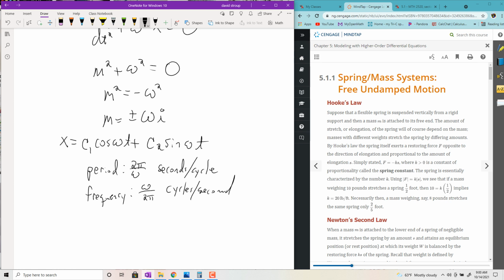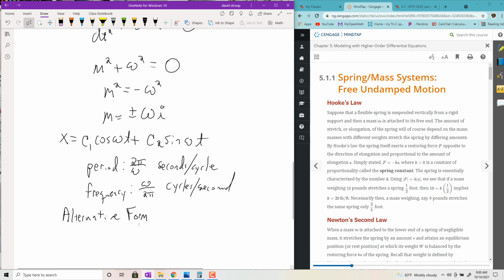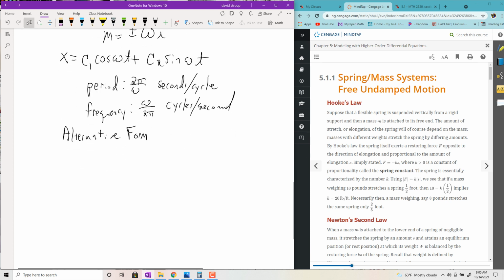There's also an alternate form for the motion equation, which is sometimes helpful, but it's kind of annoying to generate. But I'll give it to you anyways, because I do use it in the homework, so you probably will too. So x of t is A sine of omega t plus this angle phi.